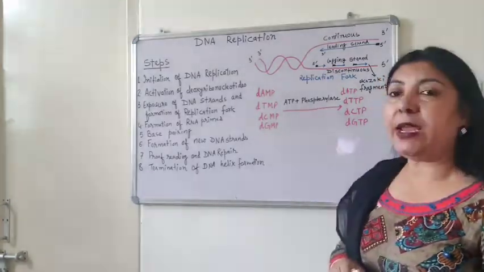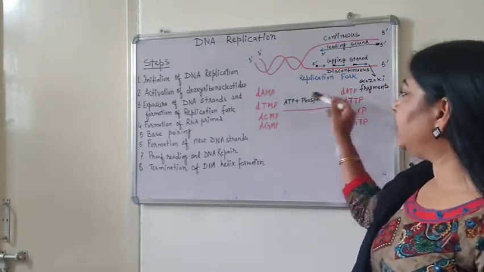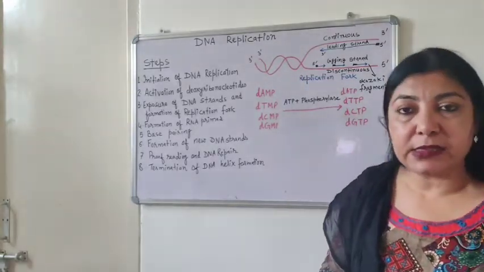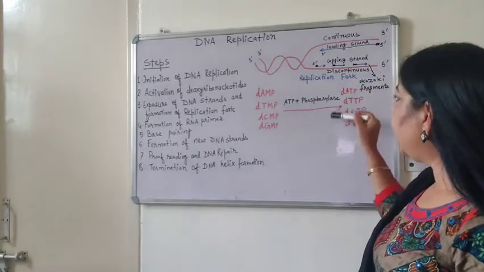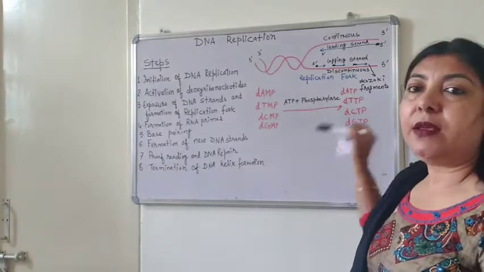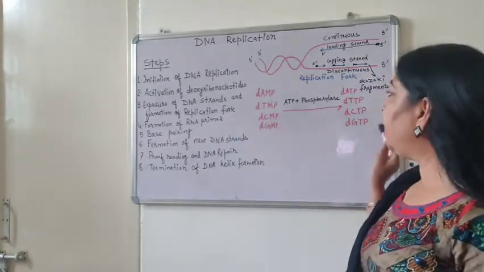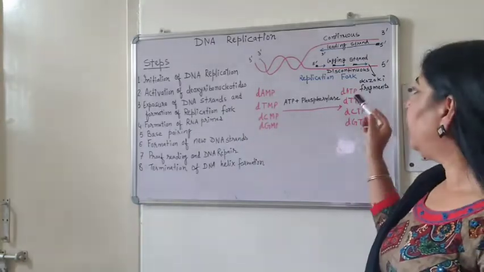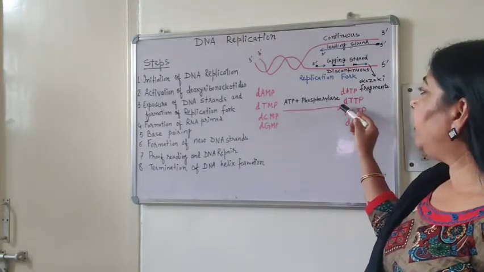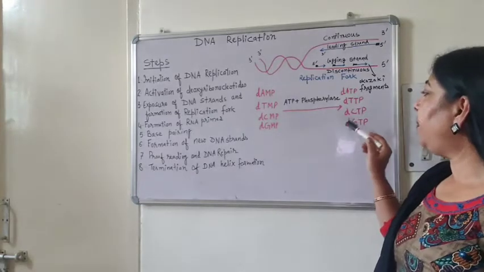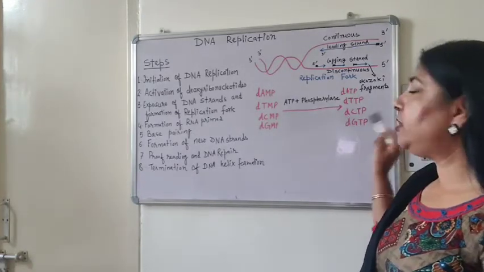They will react with ATP in presence of the enzyme phosphorylase, and these activated nucleotides will be produced. That is dATP, dTTP, dCTP and dGTP.